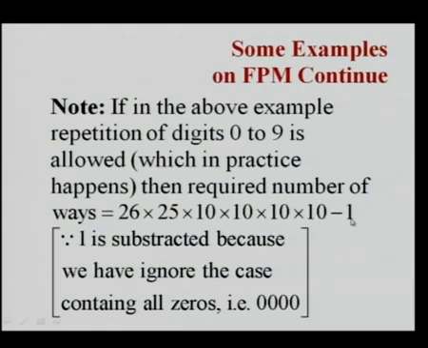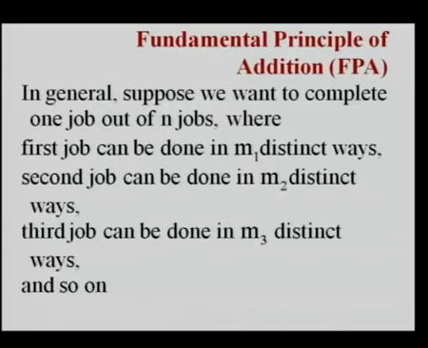Why have we subtracted 1? Because one of the options is if we take all 4 digits as 0, 0, 0, 0. So generally this number is not used. So we have subtracted the one case which corresponds to 0, 0, 0, 0. So the total number of cases when repetition is allowed will be equal to 26 into 25 into 10 into 10 into 10 into 10, minus 1.